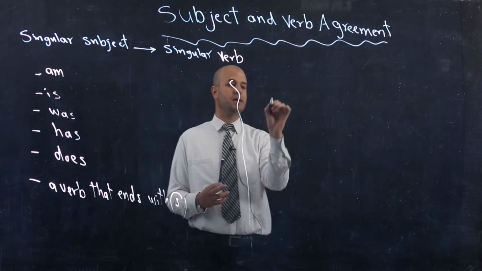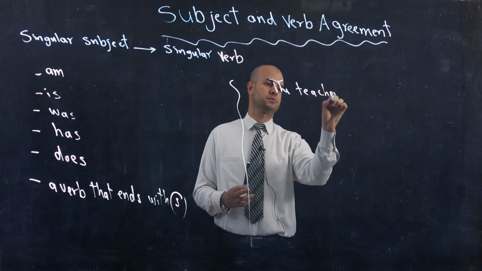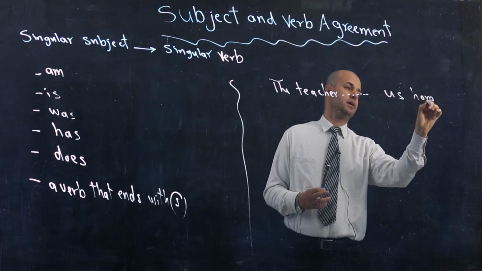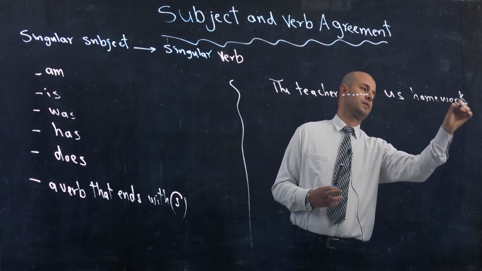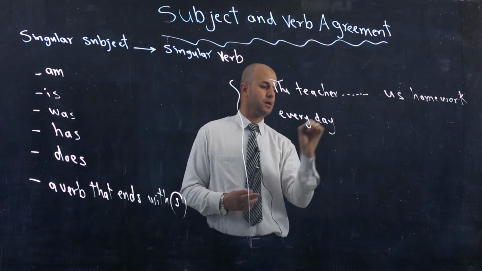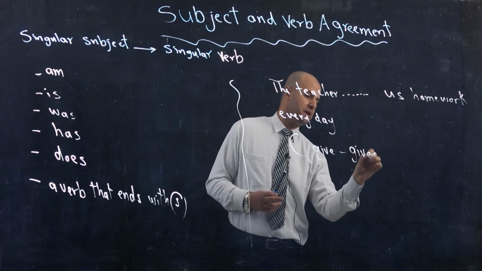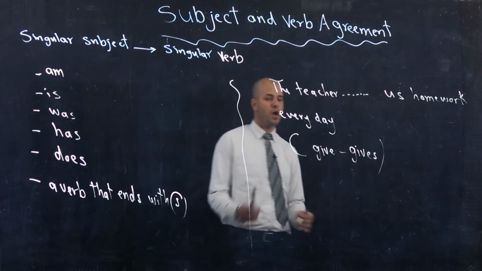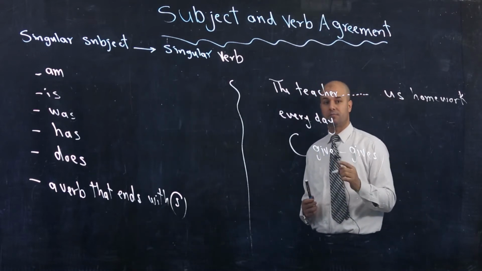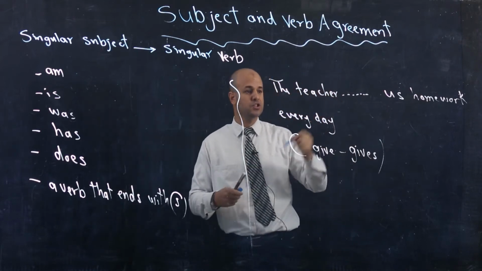Okay, so if I say the teacher gives us homework every day, I write here give or gives. I ask you to choose which one is right here. So ask yourself before answering, what is the subject? The subject is the teacher.